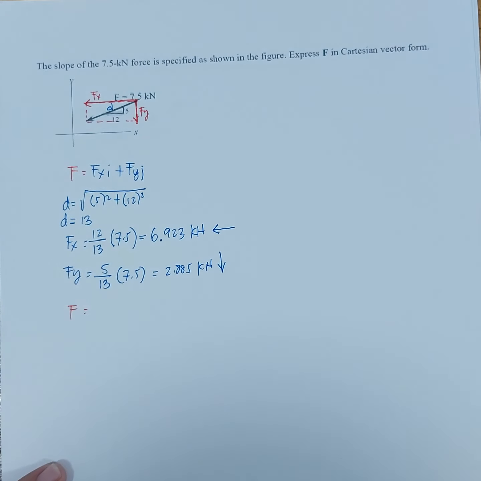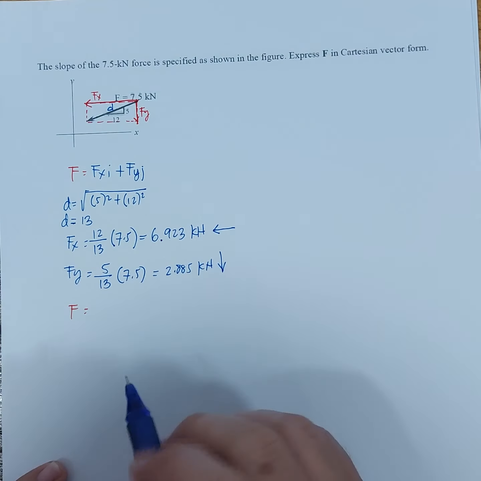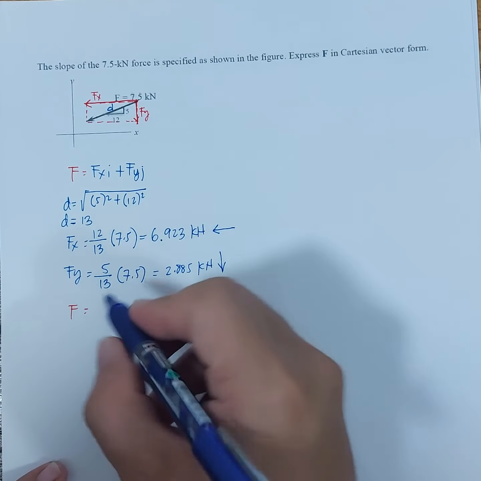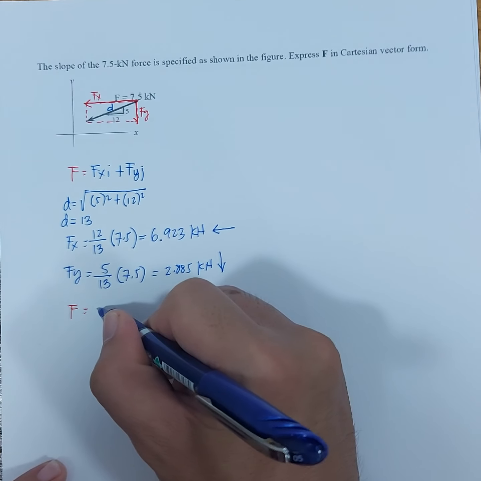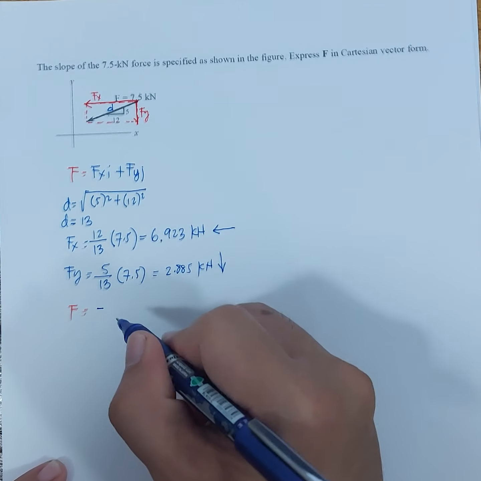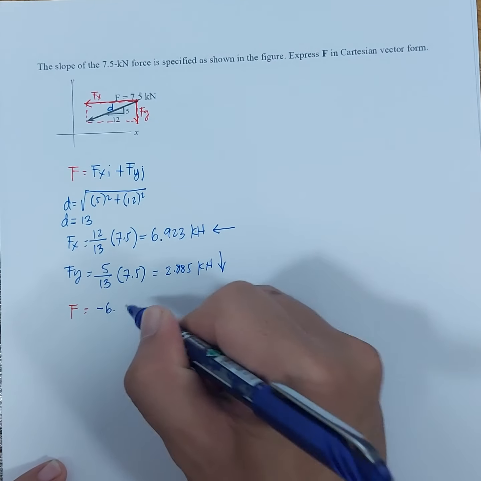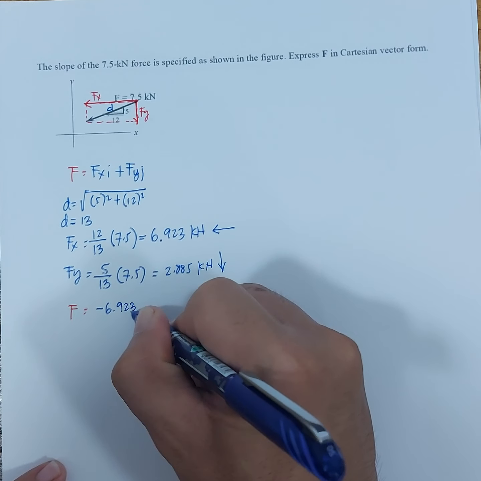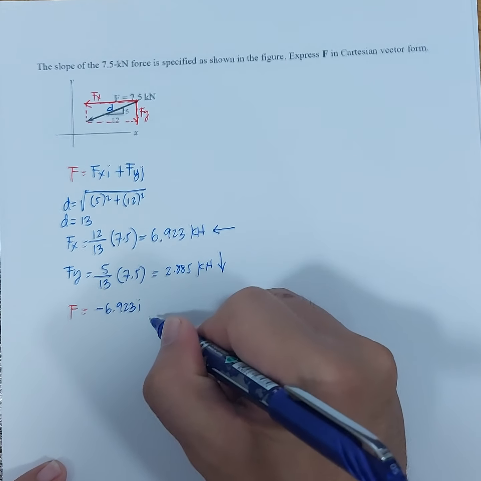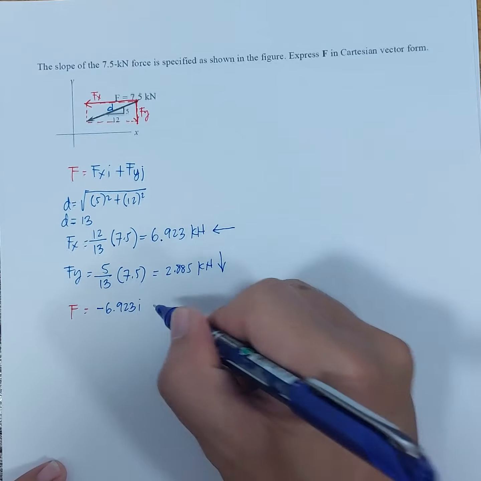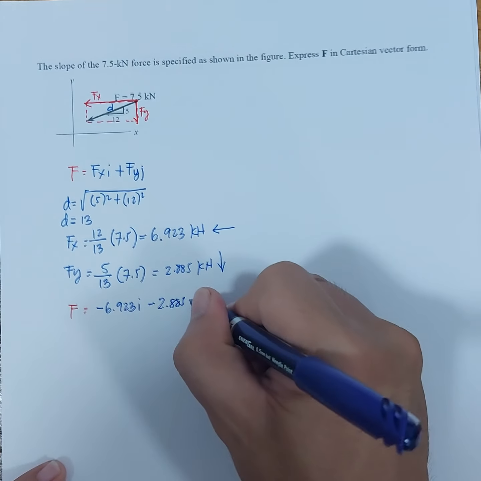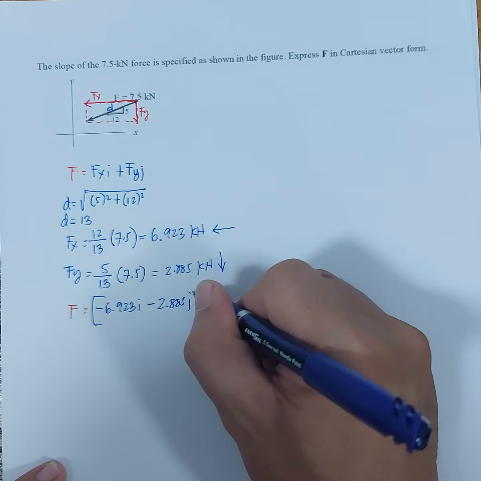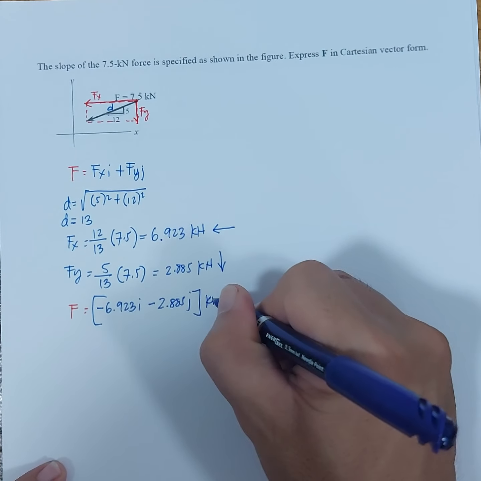So, F is equal to, so we have Fx, negative siya kasi directed siya sa left. So, minus 6.923i. And then downwards nito, so negative, minus 2.885j, and ito ay in kilonewtons.